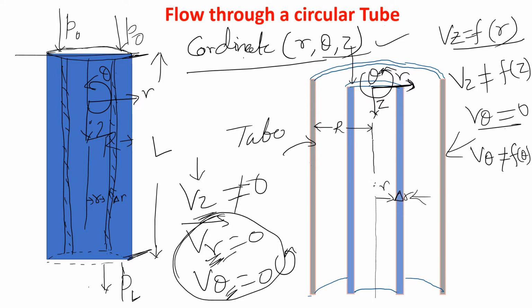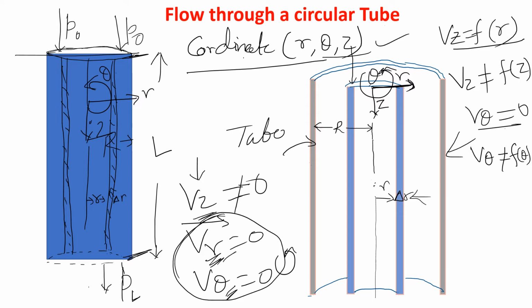Vz is also not a function of z because the flow is steady state, and vz is not in the direction of r, so vz is not a function of r, right? These are the things we had discussed, and we had also discussed how to take the cell.